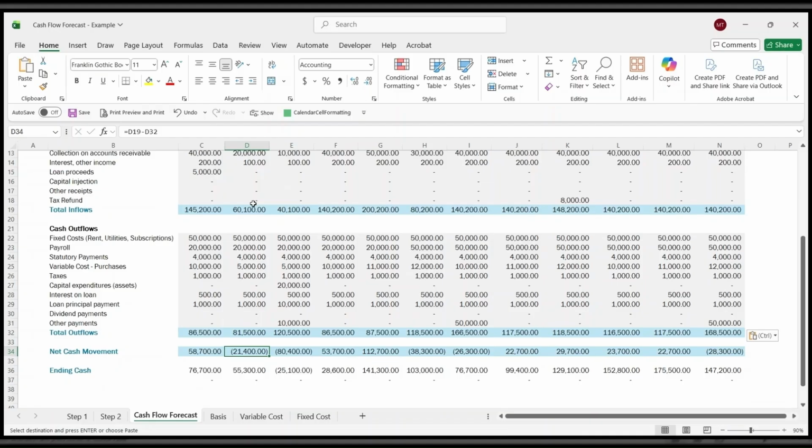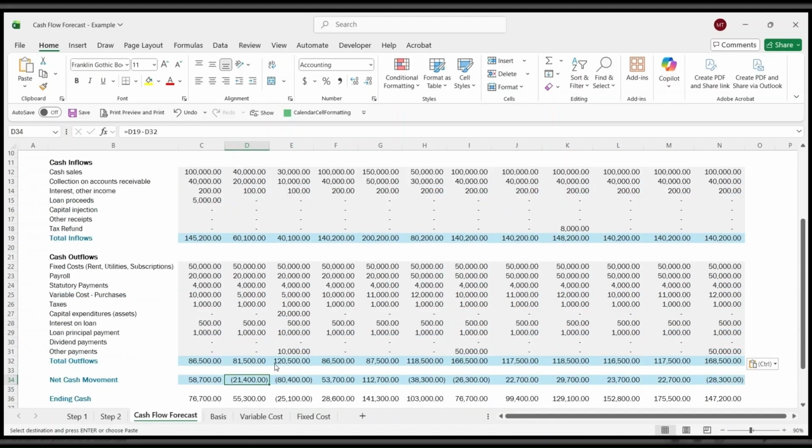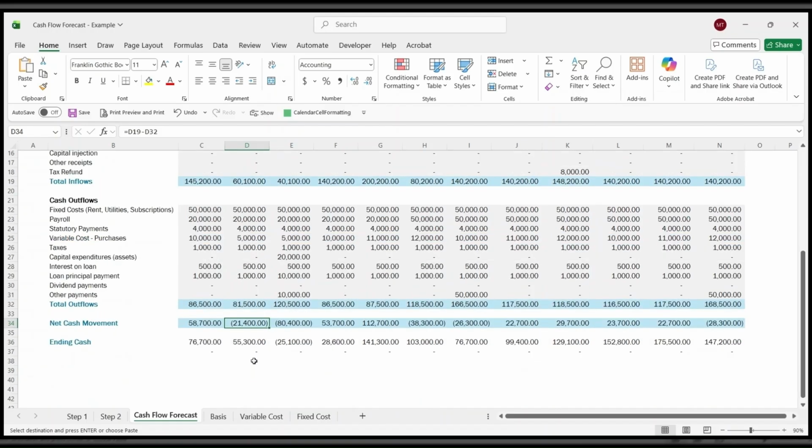So this is the outflow and this is the inflow. But the ending cash is still a positive amount as we had the opening cash to cover for the payments for the month and still has a cash reserve of $55,000.